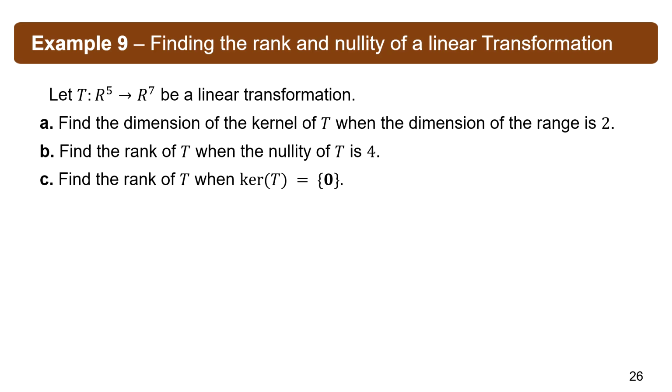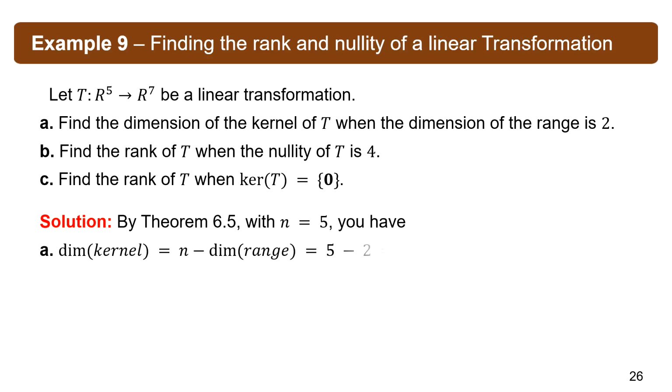All right, given a linear transformation from R5 to R7, 5 dimensions and 7 dimensions, find the dimension of the kernel of T when the dimension of the range is 2. Let's answer that first. With theorem 6.5, n is equal to 5.